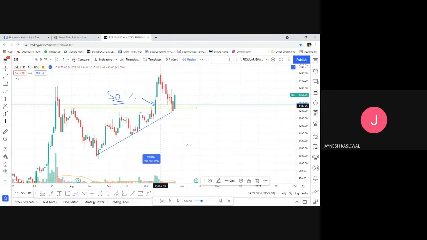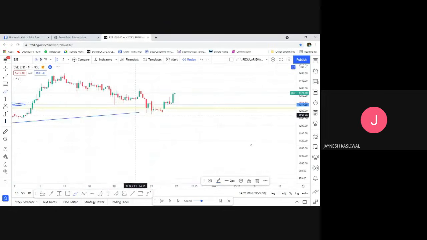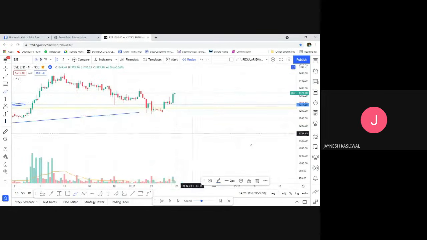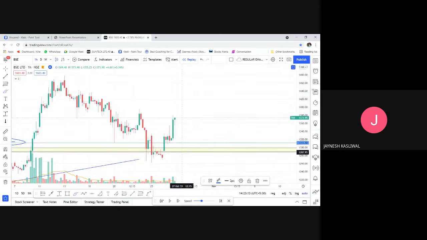Simple. Now there was a successful retest of that stock, and after confirmation you are entering at around the same 1330, 1340. So during this time you should always look for confirmation on a smaller time frame during retest. देखो retest के टाइम पे आपको हमेशा hourly time frame में चेक करना है कि retest सक्सेसफुल हुआ है क्या.